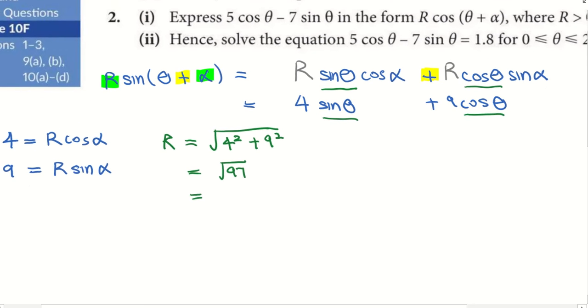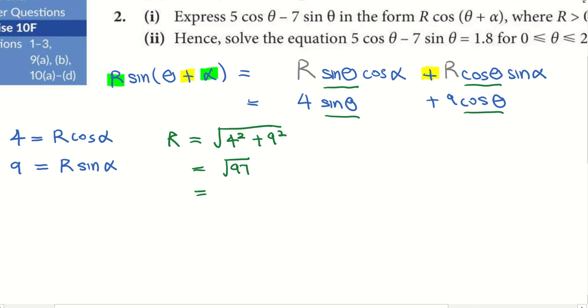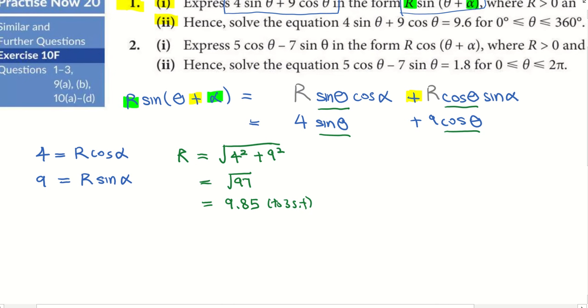And of course 97 is not a nice surd. I will round off to 3 significant figures: 9.85 to 3 SF. If they ask for the final answer, it is 9.85. Next, tangent alpha.